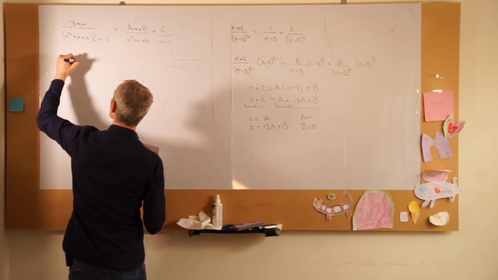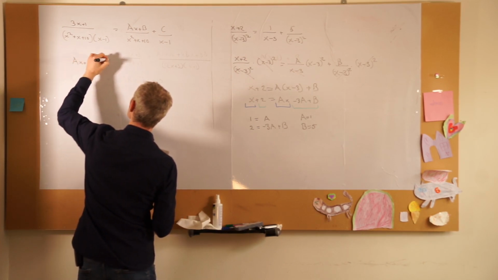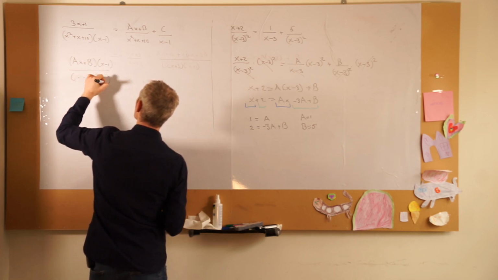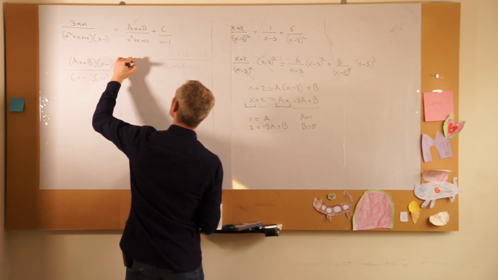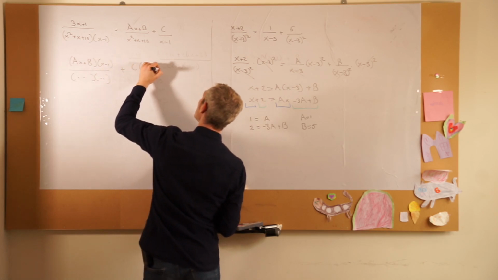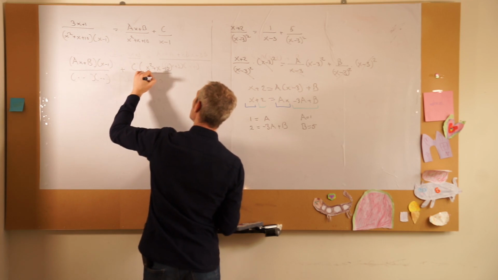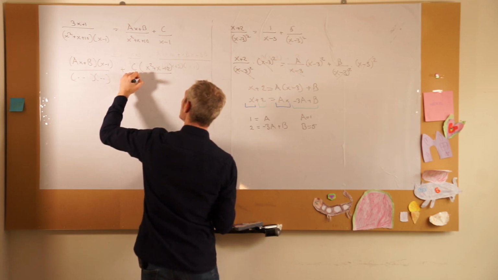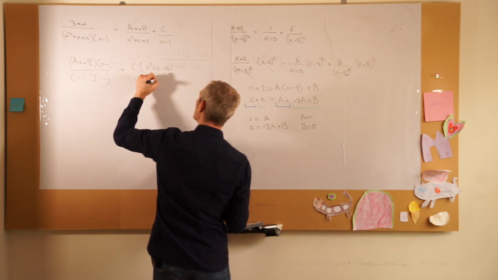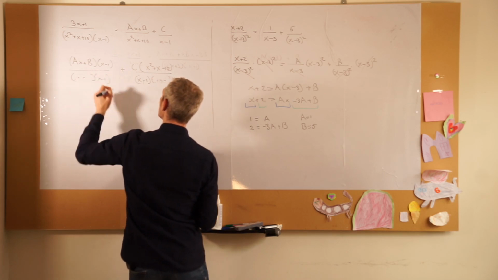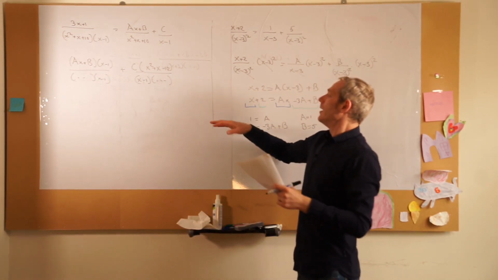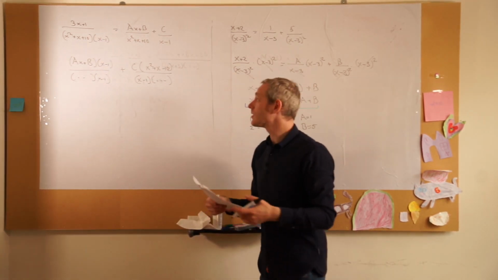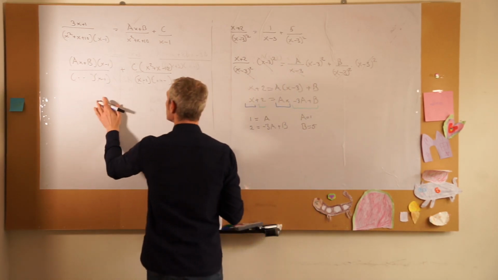So we get (ax + b) times (x - 1) over our denominator plus c times (x squared + x + 10) over (x - 1) times our quadratic one. This together has to be equal to that one, so we know that the denominators are equal. Now we just focus on the numerators.